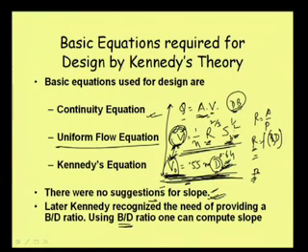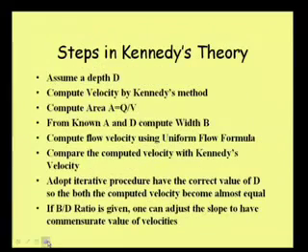Once we assume this D value, as we have a B by D ratio, both B and D are with us. Of course, this Q is our prime requirement, because we are trying to carry that much discharge. So, Q equal to A into V will have to be satisfied. Well, let us see step by step what we should follow.